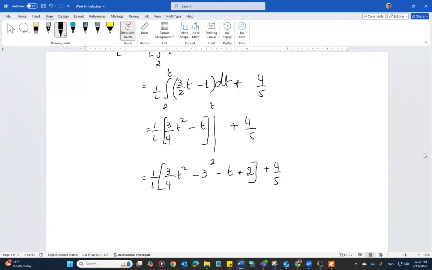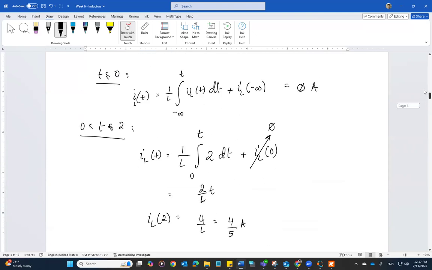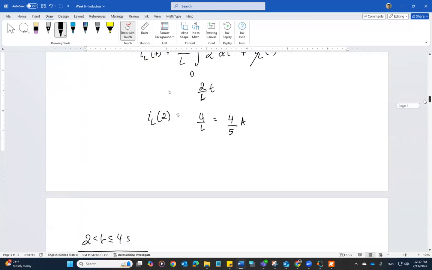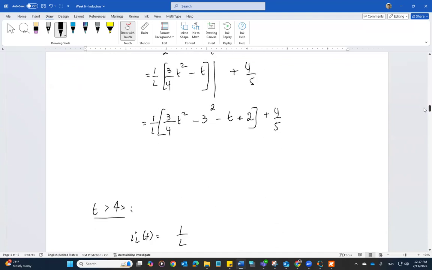All right, and L was, I believe, 5 Henry. That's going to be 3 over 5 times 4, 3 over 20 t squared minus 3 over 5 minus t over 5 plus 2 over 5 plus 4 over 5.